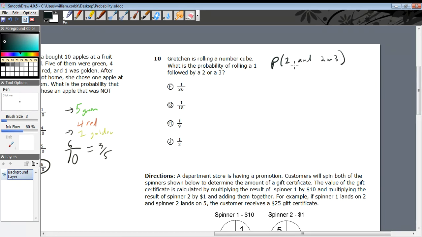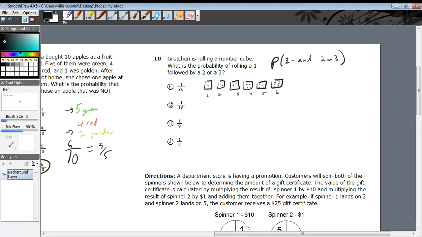Okay, so the probability, I'm just going to draw out a number cube. All the sides, we have 1, 2, 3, 4, 5, and 6.